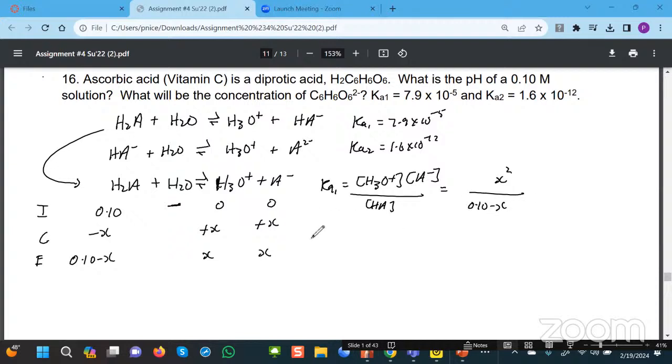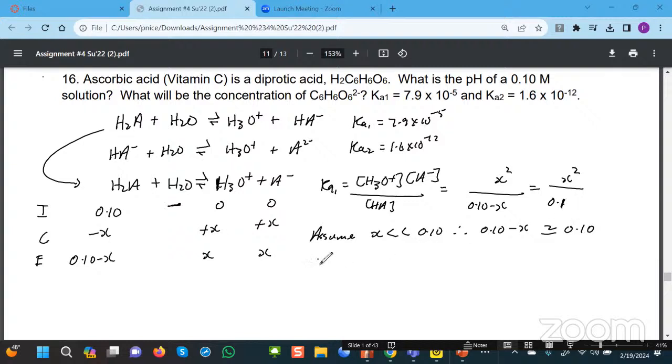And then I'm going to assume, if you remember, in a couple of examples that we looked at, that X is small compared to 0.10, which means that 0.10 minus X is approximately equal to 0.10, right? So that simplifies this equation to become X squared over 0.1, and that will be equal to Ka1.